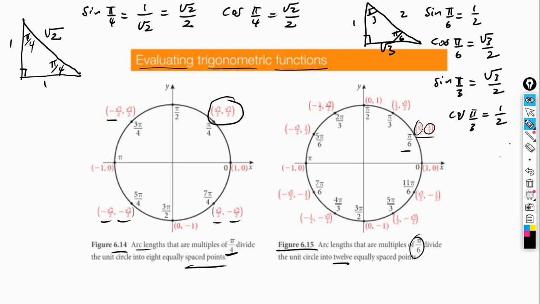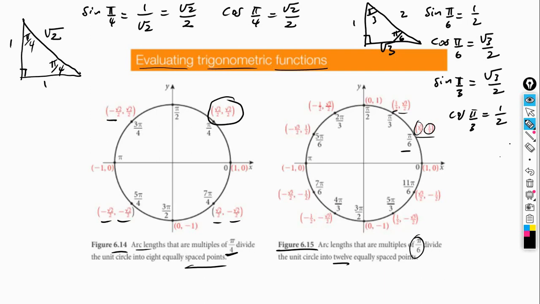For pi thirds, or 60 degrees, we said cosine is 1/2, which is the x-coordinate, and sine is square root of 3 over 2. But then for the other multiples, except of course for the ones that lay on the x and y axis, we have again the same numbers, right? 1/2, square root of 3 over 2, and what changes is the signs depending on whether x is negative or y is negative, or they're both positive, or one is positive and the other one is negative.